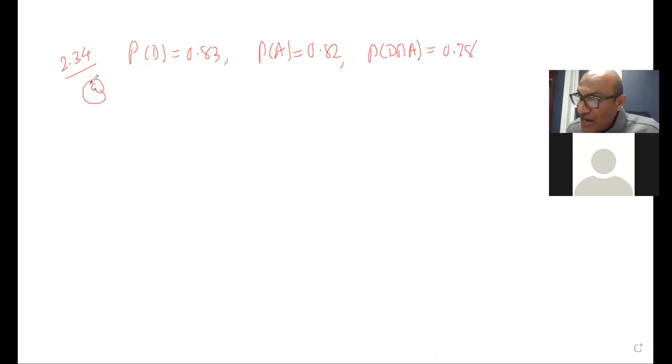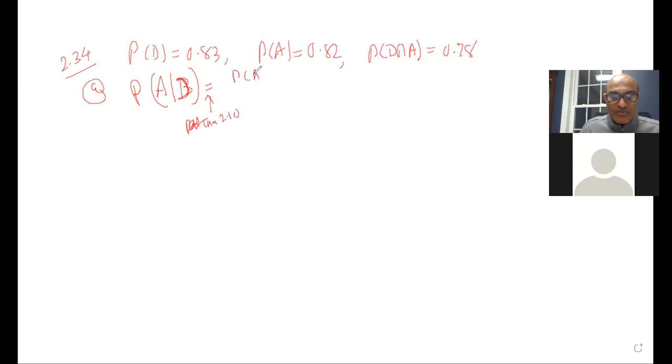The first question: arrives on time, given that it departed on time. Arrives on time means A, given D, and we are looking for this probability. By theorem 2.10, probability of A given D is probability of A intersection D divided by probability of D. Probability of A intersection D is given to you; D intersection A and A intersection D are the same.